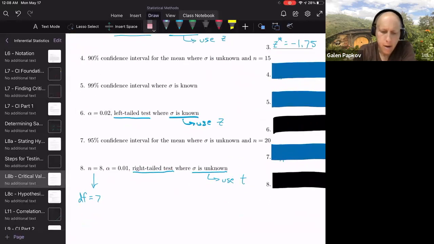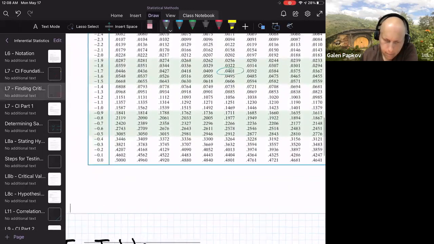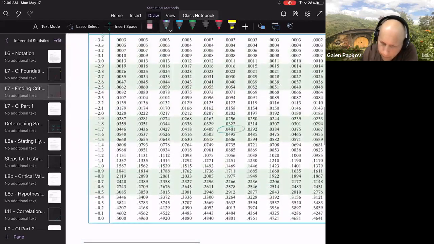Here we have alpha is 0.02. It's still a left-tailed test, and sigma is known, so we're going to be using the Z table. We're going to look up 0.02, and we're going to keep it negative. And 0.02 is closest to this one.